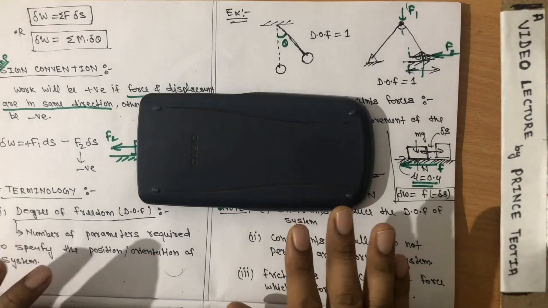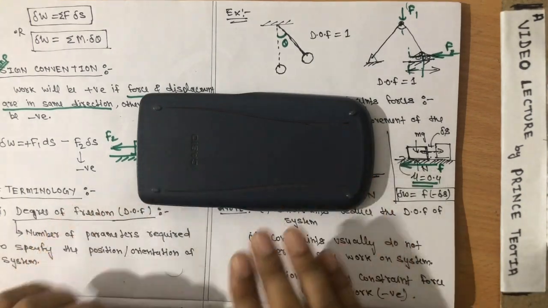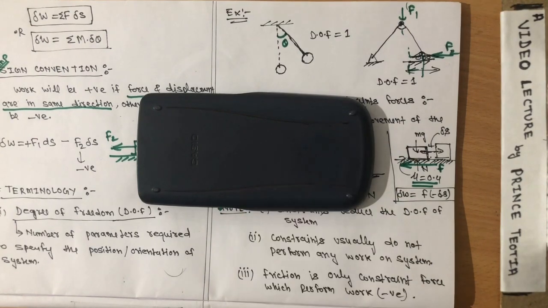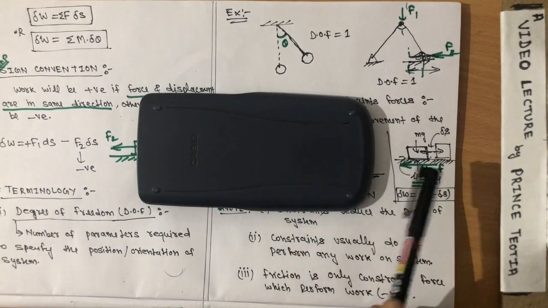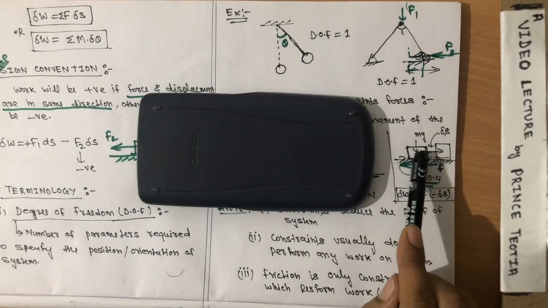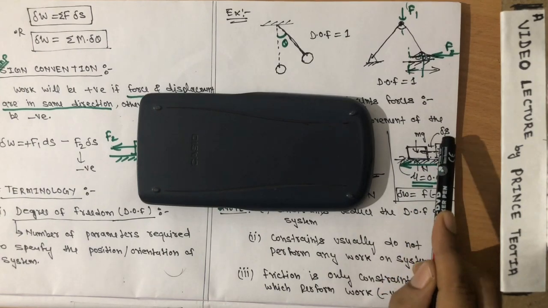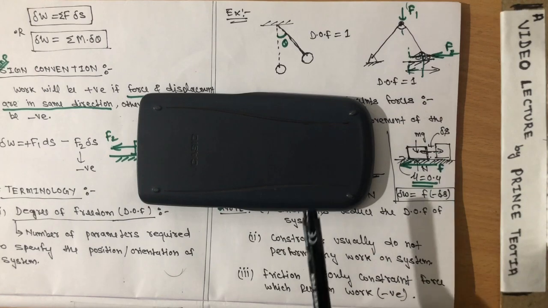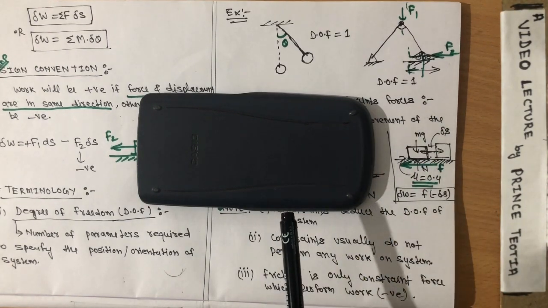Now I am going to apply the virtual work concept. The block is in equilibrium, so I assume a small displacement of this block in this direction, that is del S. Now I am going to find all the virtual works.